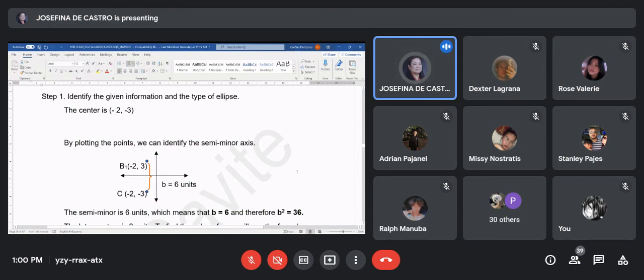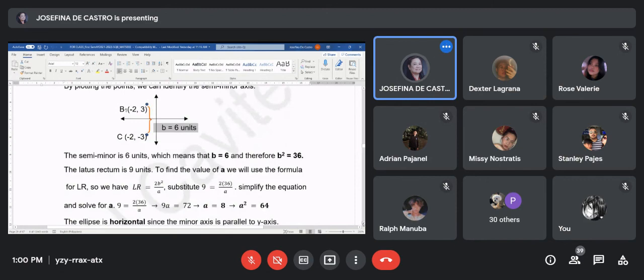B sub 1 is a co-vertex, and the major and minor axes cross each other. So, if the minor is above the center, the major is right and left of the center. Therefore, it is horizontal. From the center to B sub 1 is 6 units. Therefore, B is equal to 6 and B squared is equal to 36.